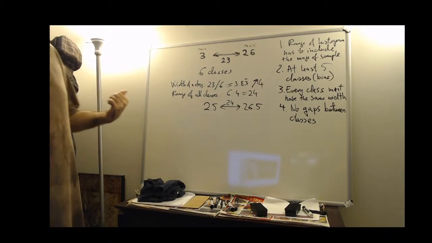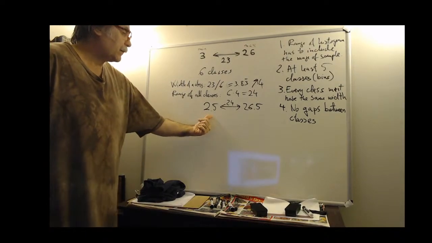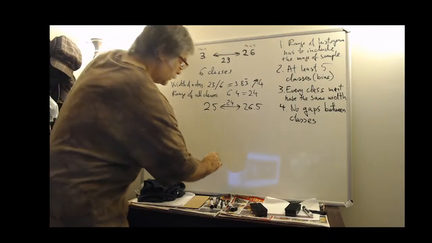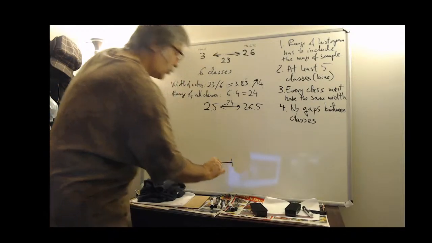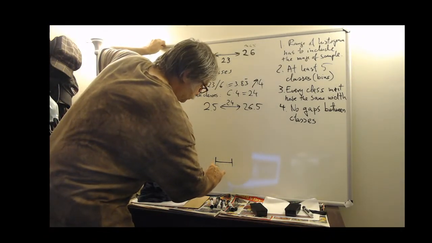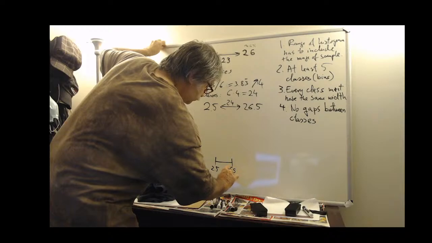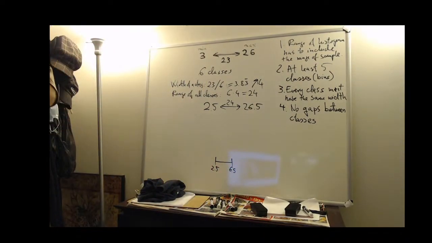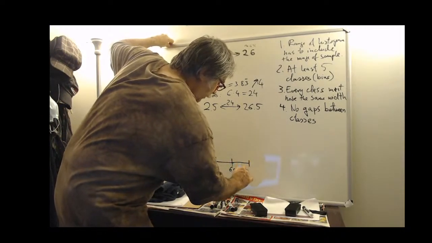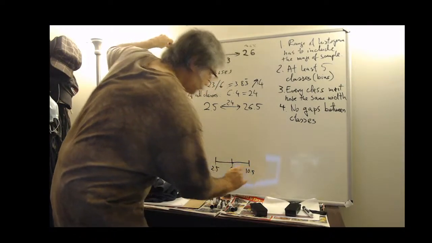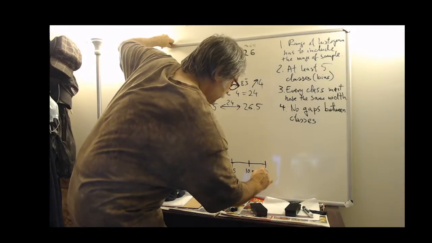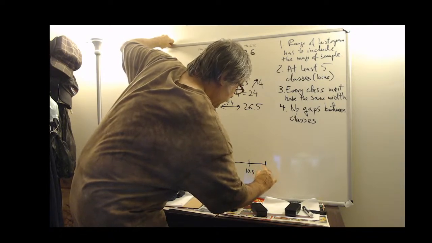Now I already know what's going to happen. I'm going to have the 2.5 at the beginning, and it's going to go for the width of a class. I'm going to have 2.5, 6.5. That's my first class. Then I'm going to have a second class, another 4 up. I'm at 10.5. Then another 4 up, and I am at 14.5.